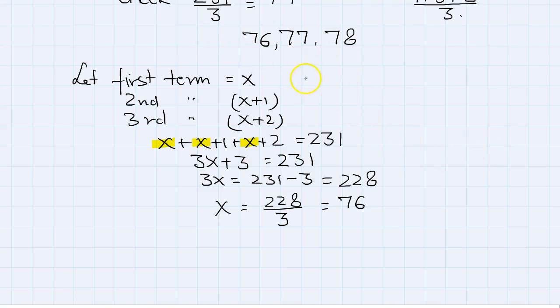So x will be 76, x plus 1 will be 76 plus 1, 77, and x plus 2, that's 76 plus 2, is 78. So you can see that we are getting the same answer. This is the method to check, and this is how you are going to do it in your paper.